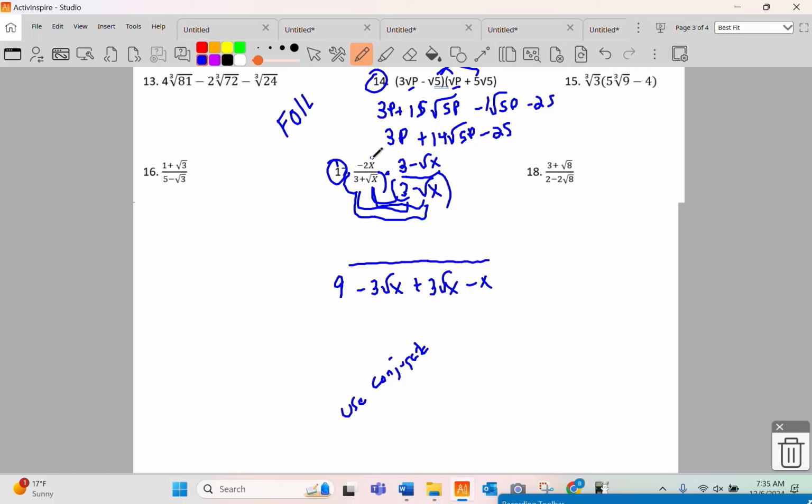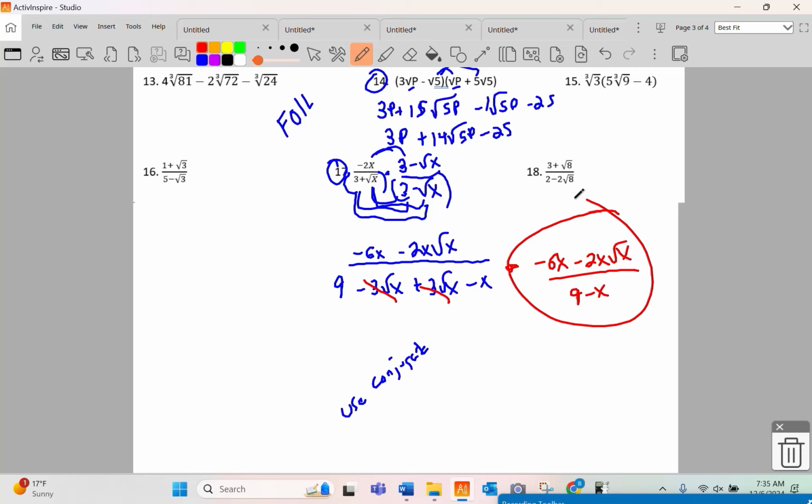The top is nothing more than the distributive property, minus 6x minus 2x root x. And let's start canceling some stuff out. We have negative 6x minus 2x root x sitting pretty over 9 minus x.